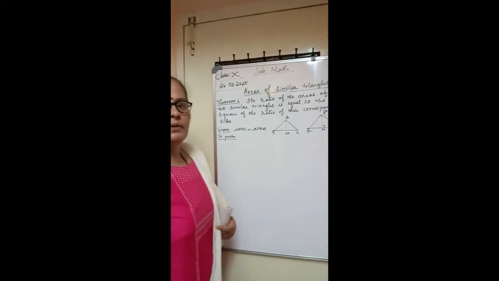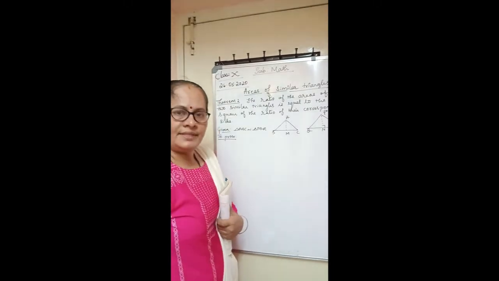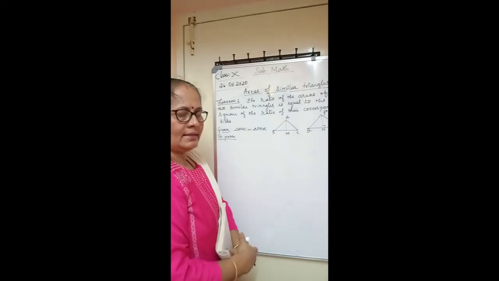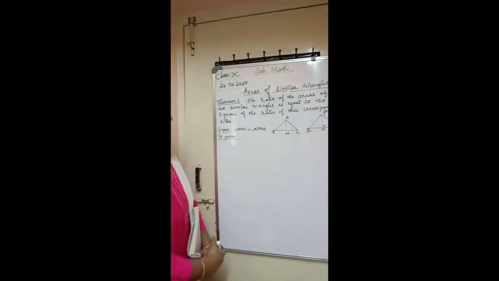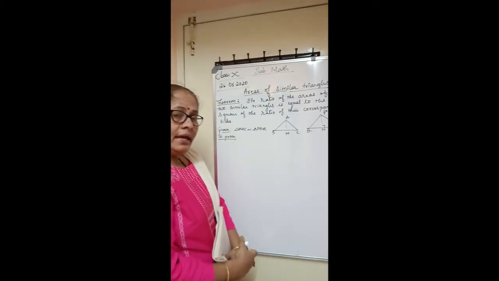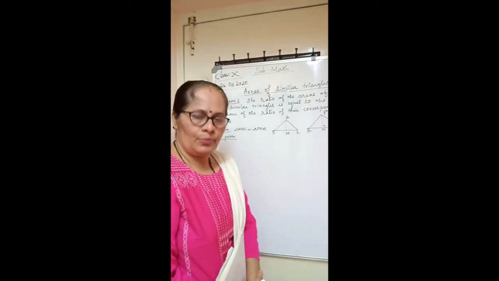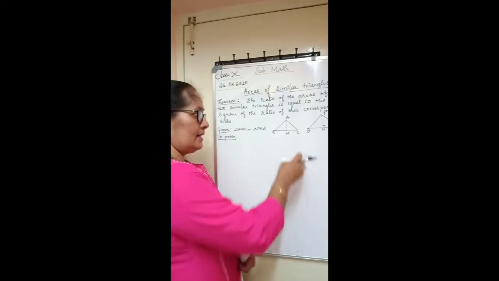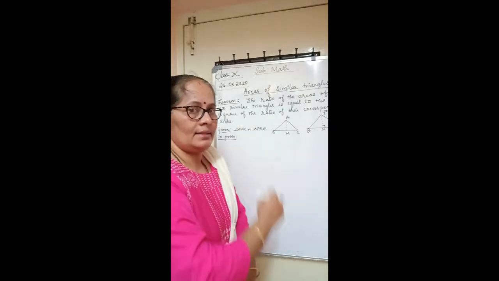The areas of similar triangles. This theorem states that the ratio of the areas of two similar triangles is equal to the square of the ratio of their corresponding sides. Only when two triangles are similar can we apply this.